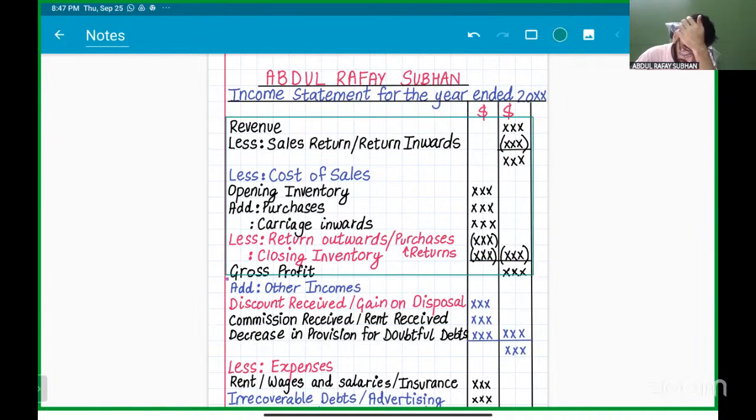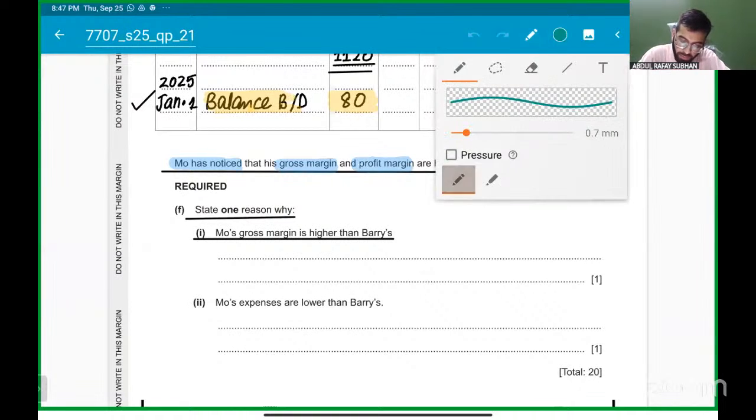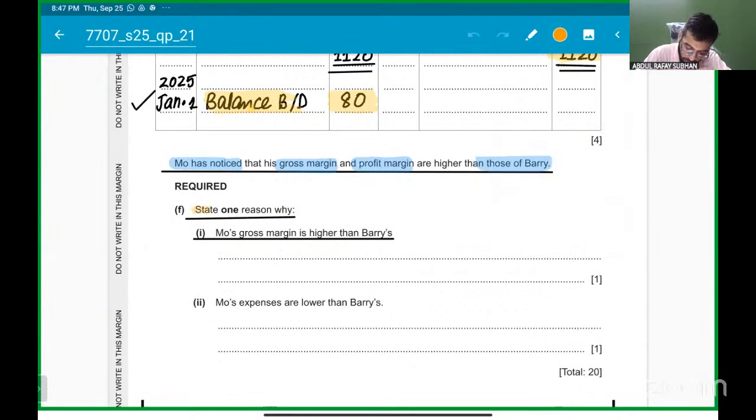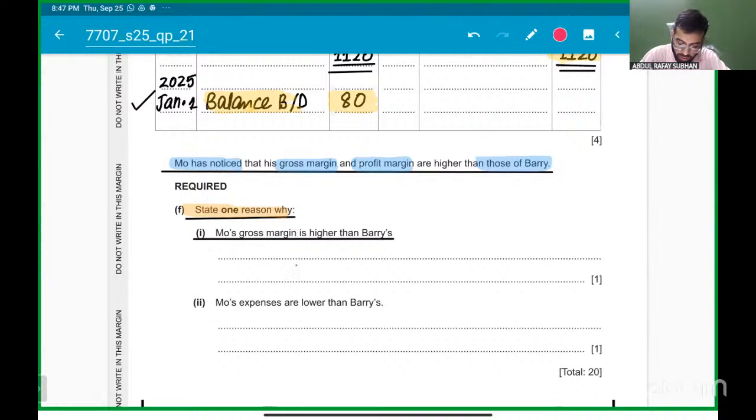You have to give a reason from this perspective, why my gross profit margin can be higher than someone else's. What can be one reason? You just have to state that reason. State means just give the one-liner. No need for explaining or anything. So one of the reasons can be that gross margin can be higher because of the selling price.